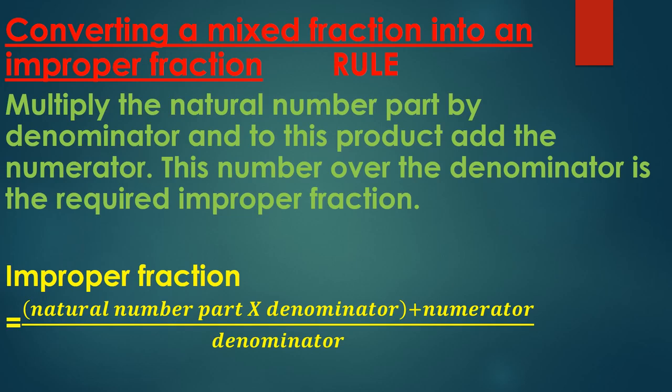First step is you will multiply the natural number part by the denominator of the fraction, and to whatever product you get, you will add the numerator. This number over the denominator is the required improper fraction. So the formula is: improper fraction equals natural number part multiplied by denominator, find the product of this, and to this product add the numerator and then divide by denominator.